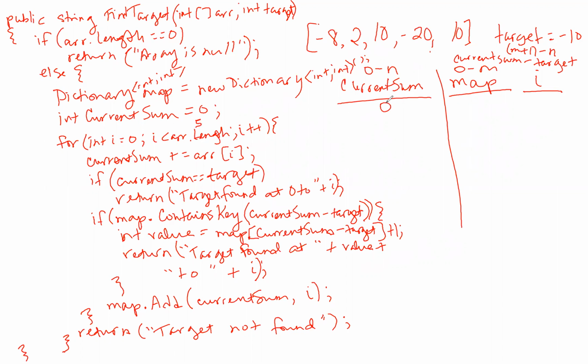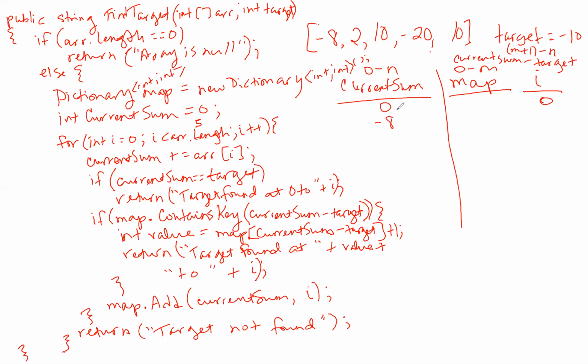And we go into our for loop, and i starts at 0. And if i is less than array.length, which is 5, so we can go in and say current sum plus array at i equals current sum. So -8 plus 0 equals -8.